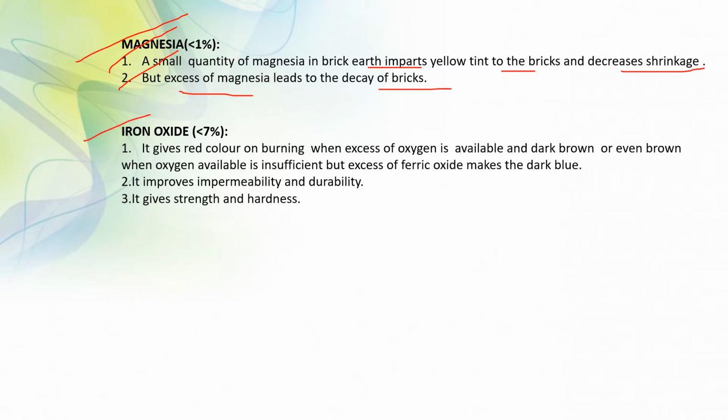Last, iron oxide less than 7%. It gives a red color on burning when excess of oxygen is available, and dark brown or even black when oxygen available is insufficient, but excess of ferric oxide makes it dark blue.